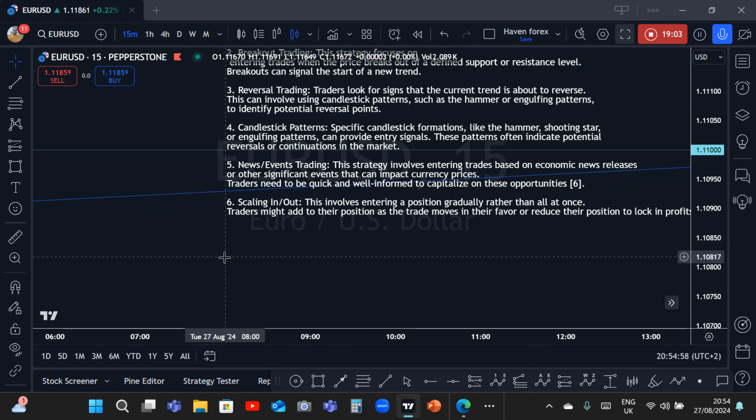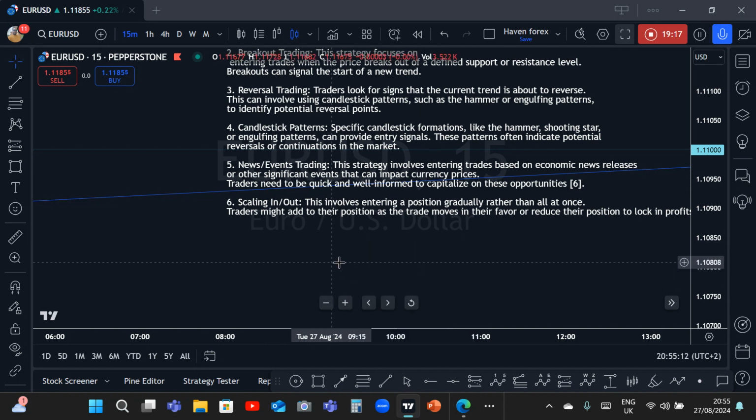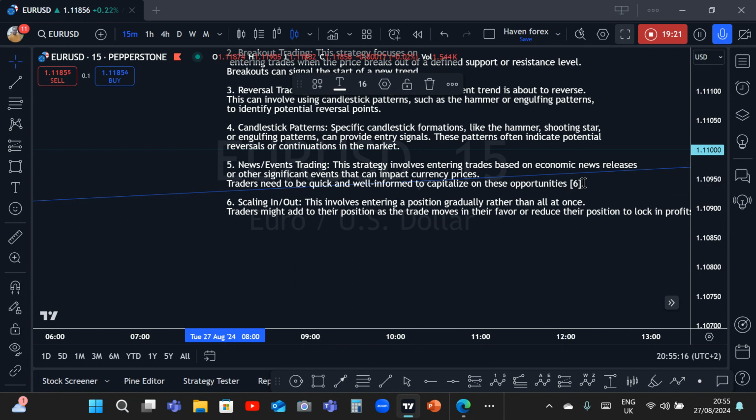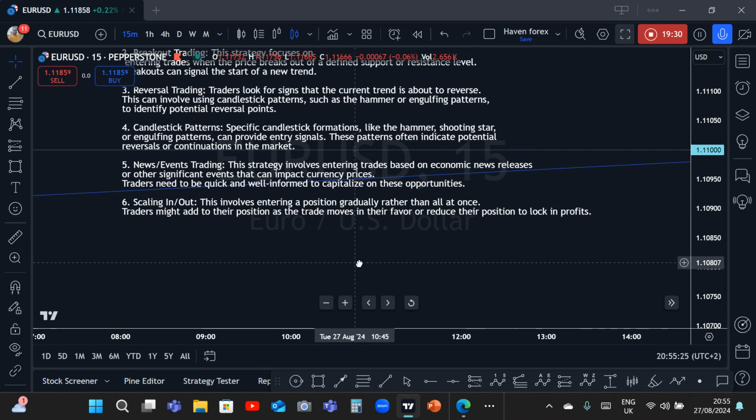Because at that point, people will just be waiting. As soon as the news is released, people will flow with the news, and you see the market will react to it. It's very, very important.